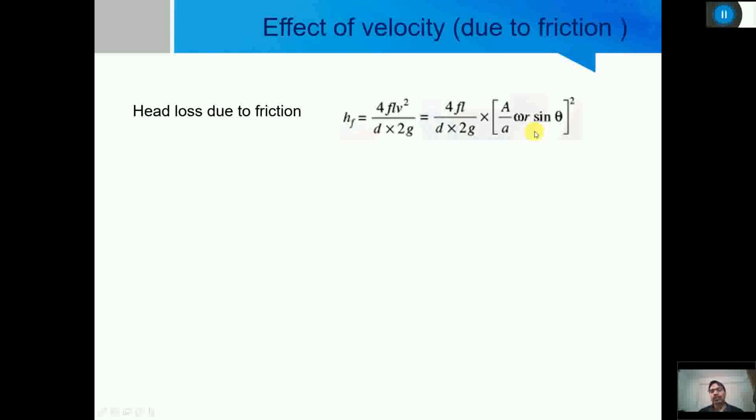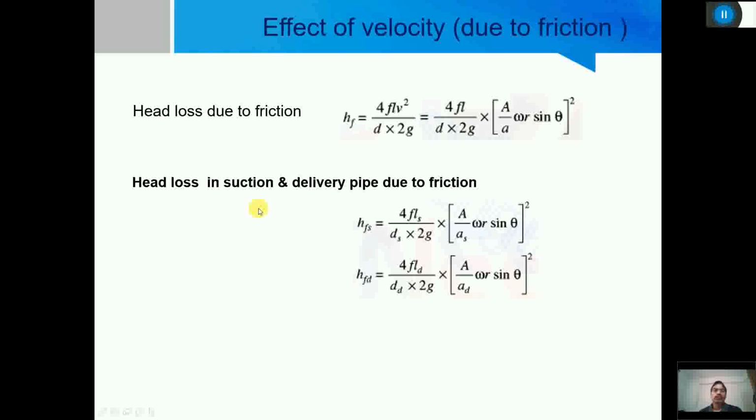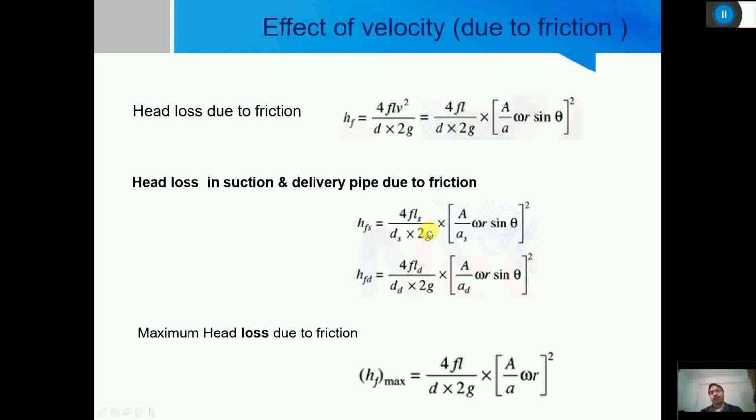So putting this value we can get this equation. The maximum value of frictional head loss we can calculate as sin theta will have the maximum value when theta equals 90 degrees. So this sin theta will become equal to 1. So maximum value of friction head we can calculate by this formula.